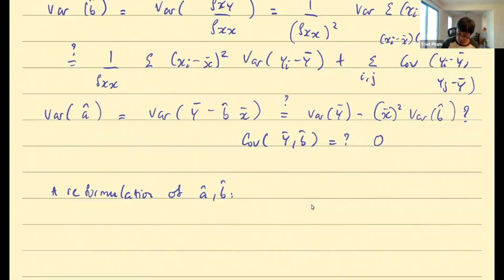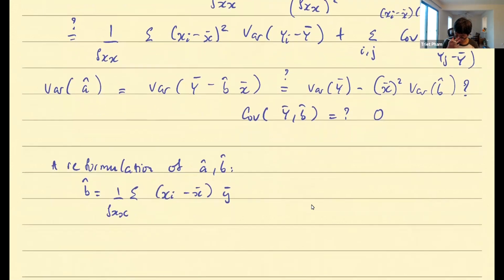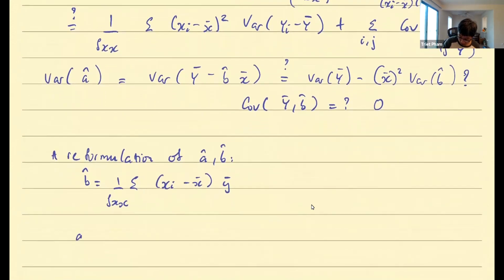And it's like this. Actually, it's quite simple. b hat now will be the sum of (xi minus x bar) times yi, times 1 over sxx. And a hat will be, so a hat is a little bit more painful.